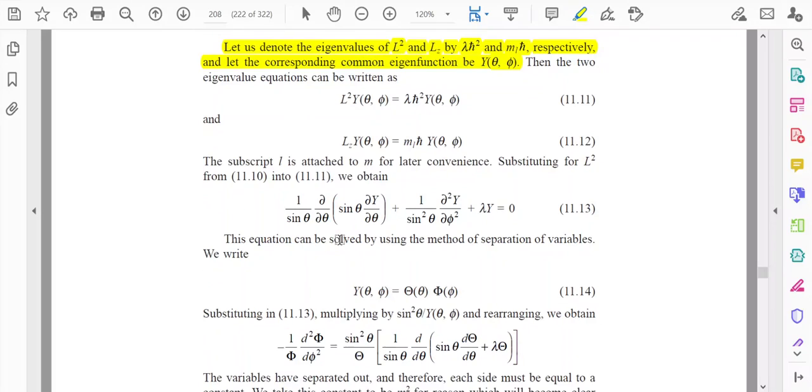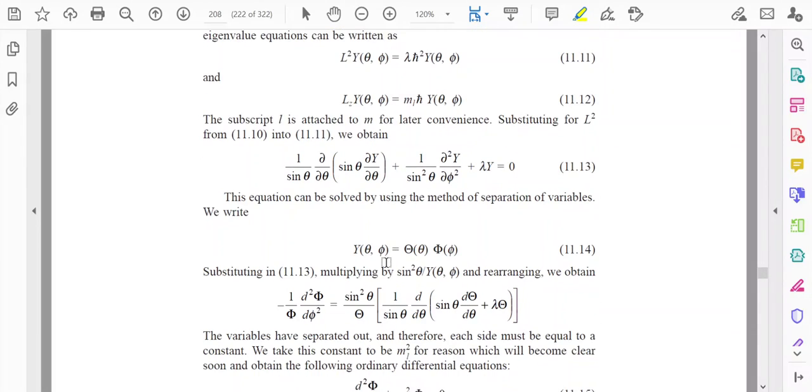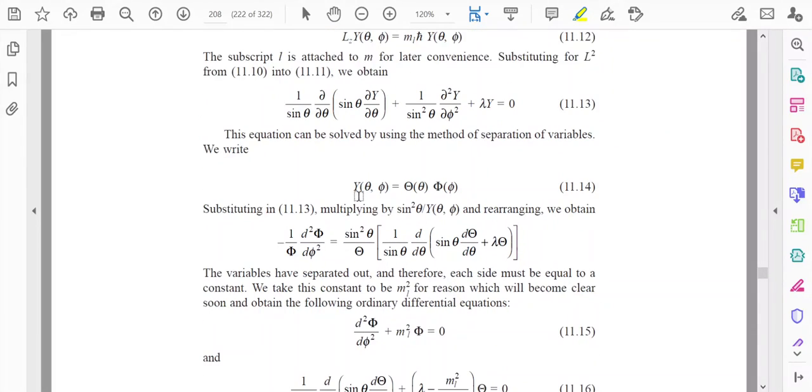Now you see that in this equation there is theta and there is phi also, and this equation can be solved by using a method known as separation of variables. So for that purpose we assume that the function Y of theta and phi is equal to capital Theta times capital Phi.